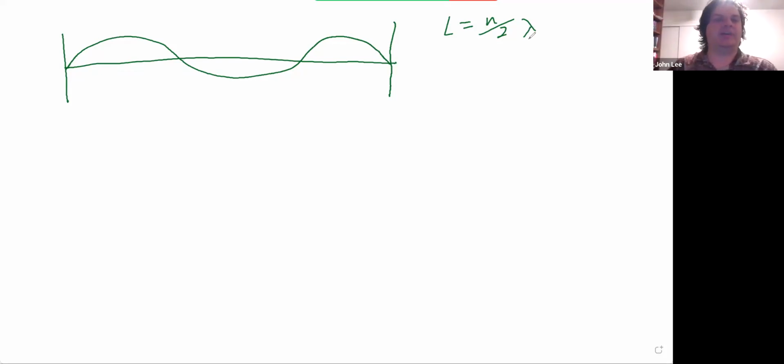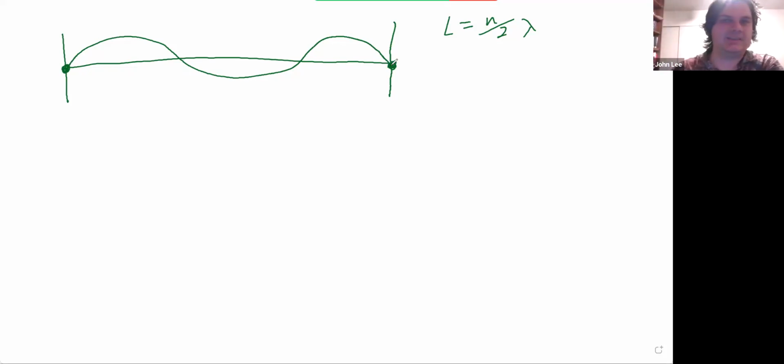So when you're talking about a guitar, you have it set up so that both sides are bound and pinned down so that the wave has to be equal to 0 at those points.